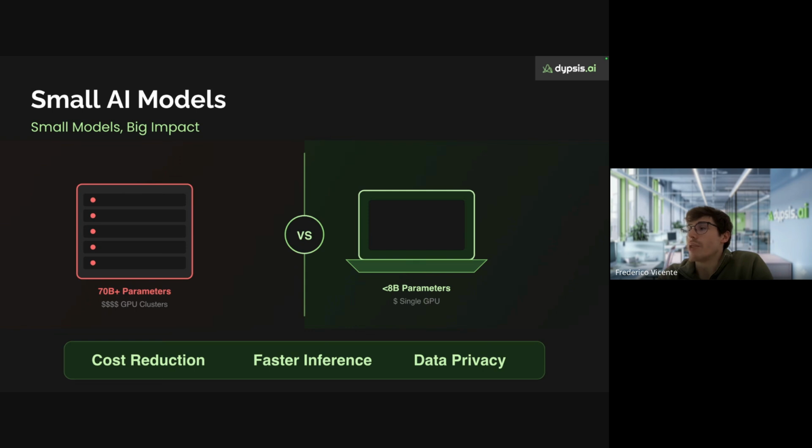You might want to have control not only about the data that goes into the models, but also in the sense that you know exactly what model is running, and you have control of the quality of the model.